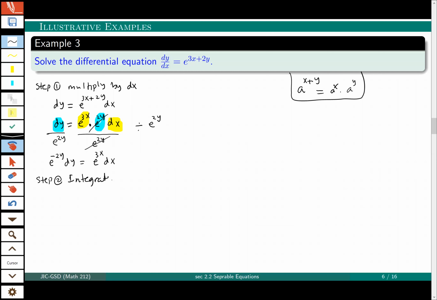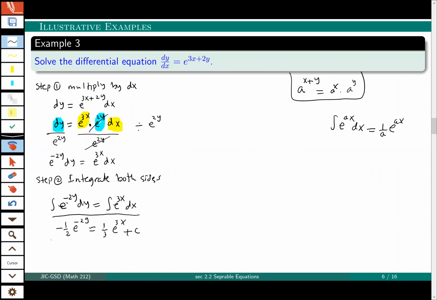Remember in calculus 1 or calculus 2, integration of e to the power ax is 1 over a e to the power ax. So when you apply it here, you will have minus 1/2 e raised to the power minus 2y equals 1 over 3 e to the power 3x plus a constant number c. So that would be the solution of the differential equation.